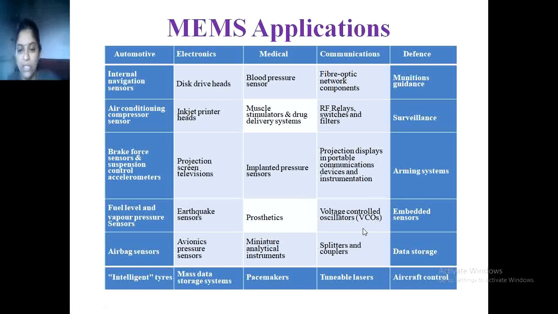Again, in voltage controlled oscillators, then splitters and couplers and tunable lasers, the MEMS systems are used. And there are very many applications in defense. So munitions guidance, then surveillance, arming systems, embedded sensors, data storage and aircraft control. So in every area there is a huge amount of application of the MEMS.